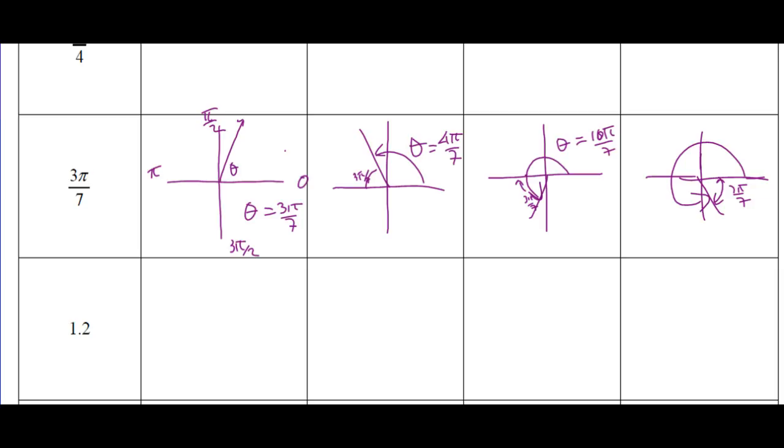So once around the circle is how many 7ths? 14 of them. So this angle is 11 pi over 7, right? Because you are 3 short. That's 14, back up 3, you're at 11.